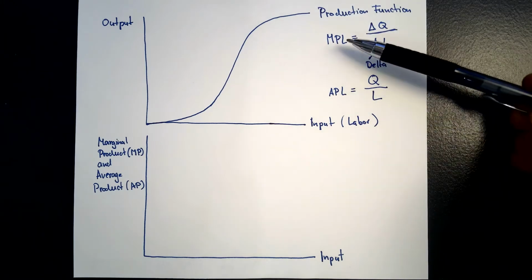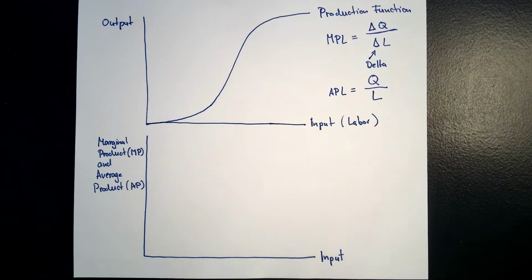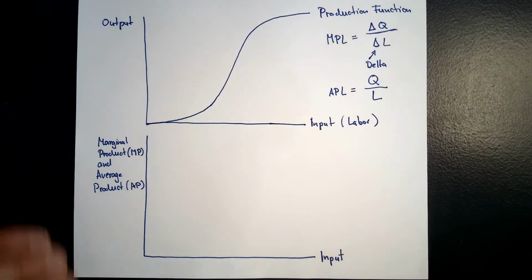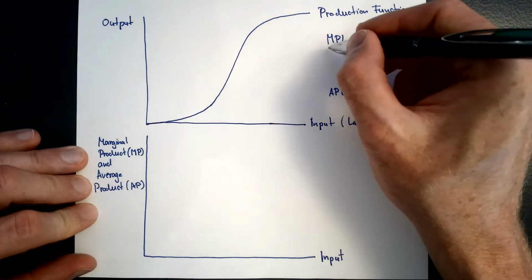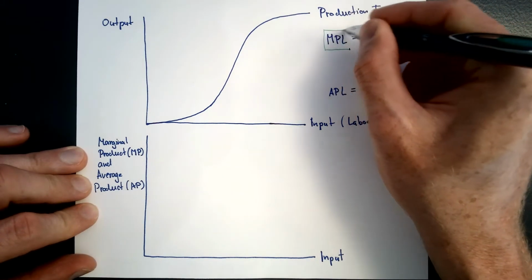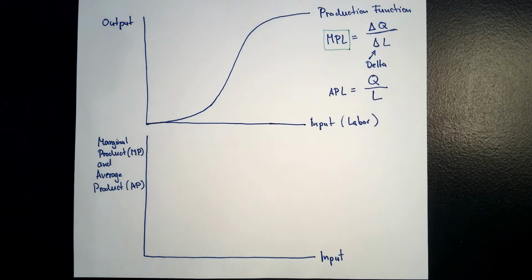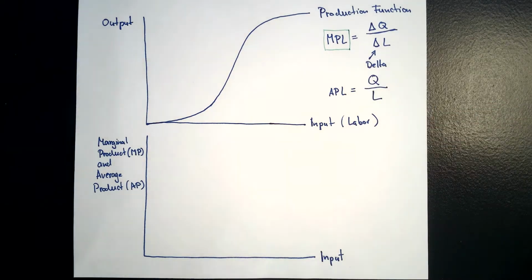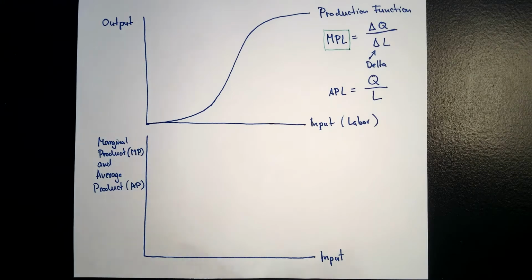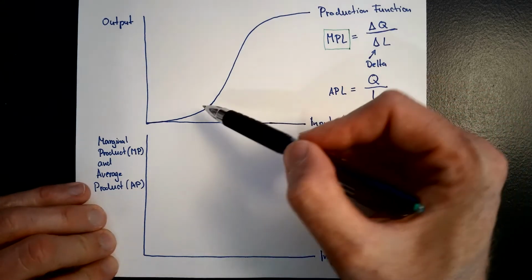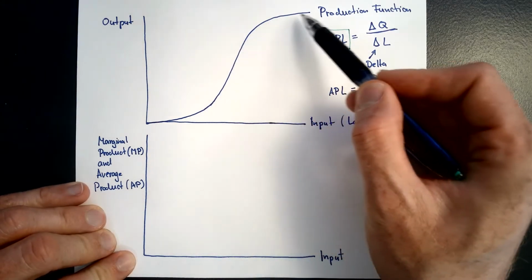And let me start with the concept of marginal product, because it is slightly easier to explain than the average product of labor. So I'm going to use the green color to describe the marginal product of labor. Now, I mentioned before that the marginal product of labor is the slope of the production function.